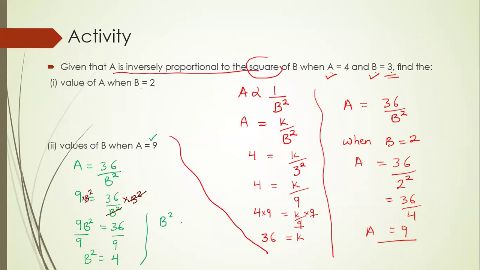So B squared is equal to 4, get a square root on both sides. So B will equal plus or minus 2. Or you can say B is equal to 2 or B is equal to negative 2. And that is your answer. So that's how you are supposed to do that number.